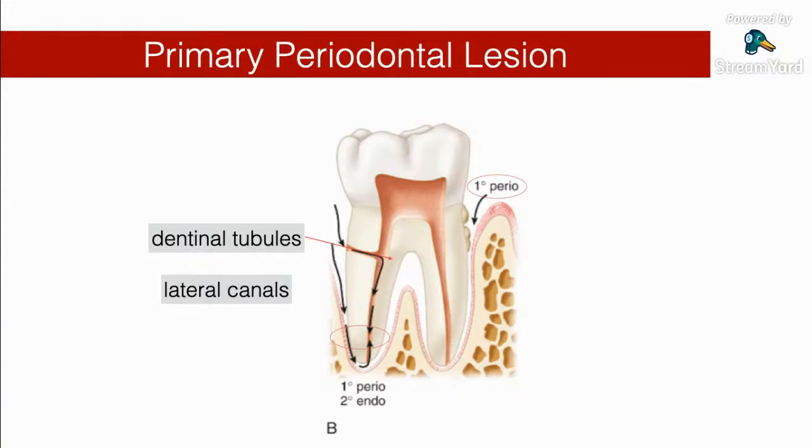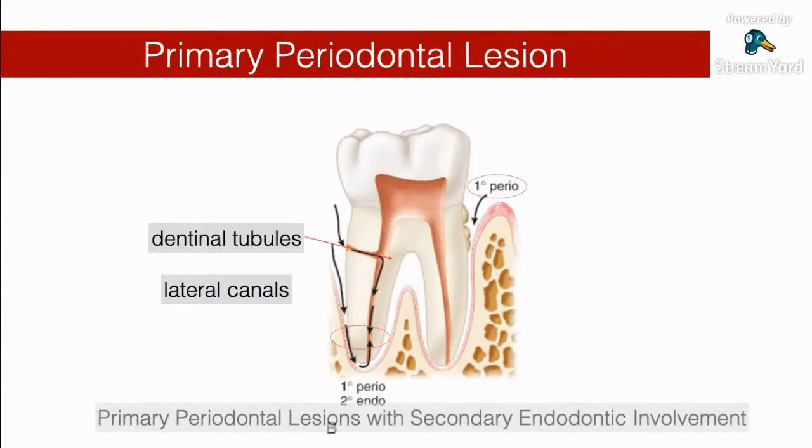Sometimes this is like retrograde pulpitis, and the patient suffers acute pain. This is what we call a primary periodontal lesion with secondary endodontic involvement.